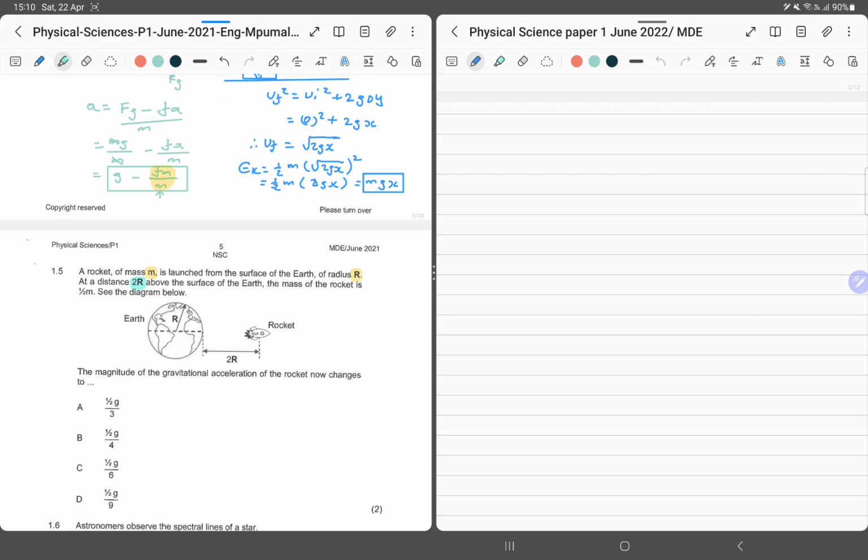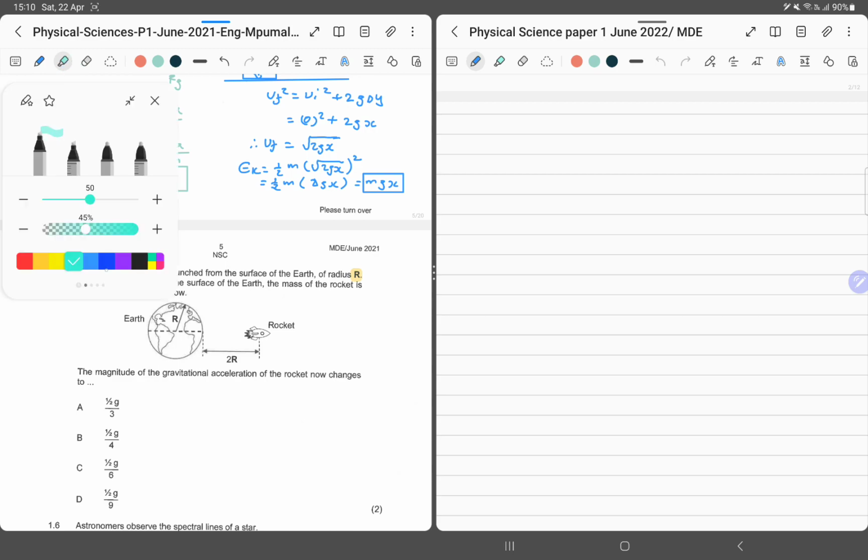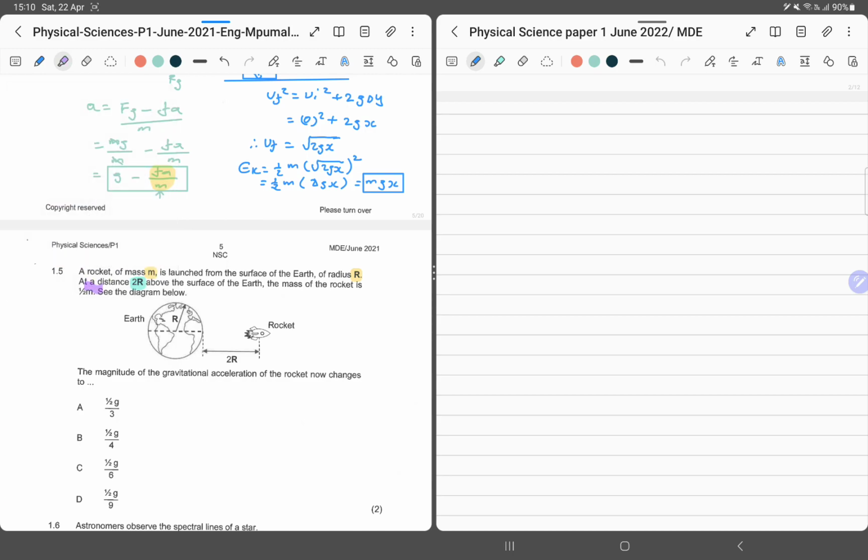That's pretty strange, don't you think? How can the mass of a rocket change? Remember, the rocket has fuel that it consumes as it goes up. So technically, as the fuel level drops, the mass of that rocket will drop.